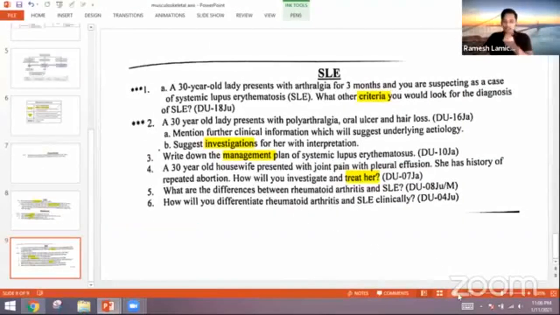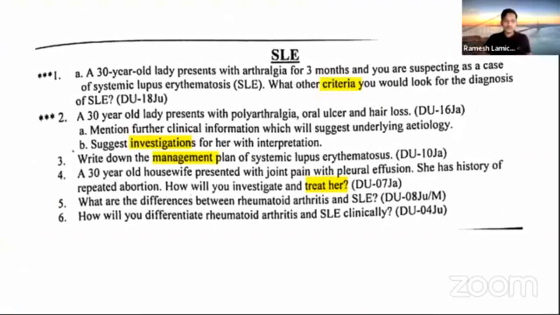Here is SLE, systemic lupus erythematosus. Usually an SLE patient is a female patient with a butterfly rash in the cheeks, right? There is a history of arthritis. When such features come, we think this is a case of SLE.